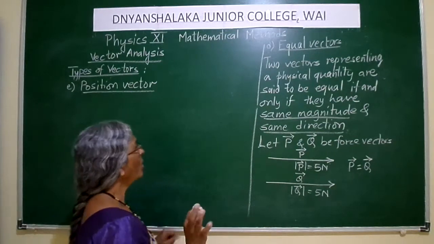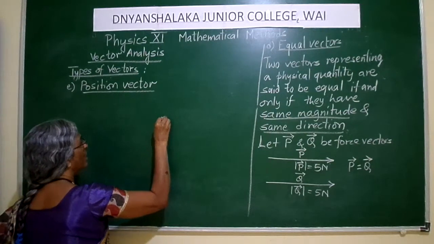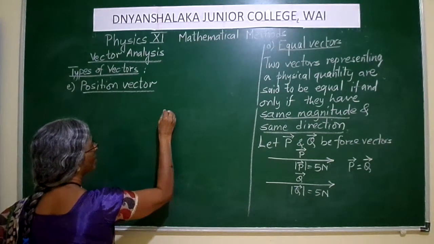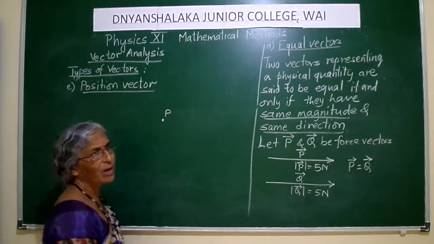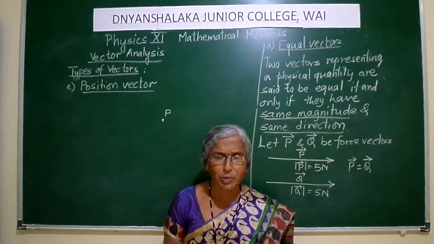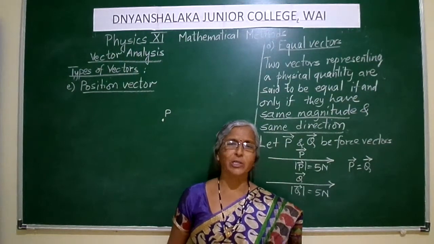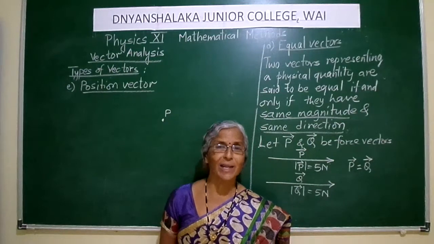Okay? What do we mean by this? Let us consider a point over here. Let me take this as point P. Now I want to specify the position of this point. And for that, what am I selecting?